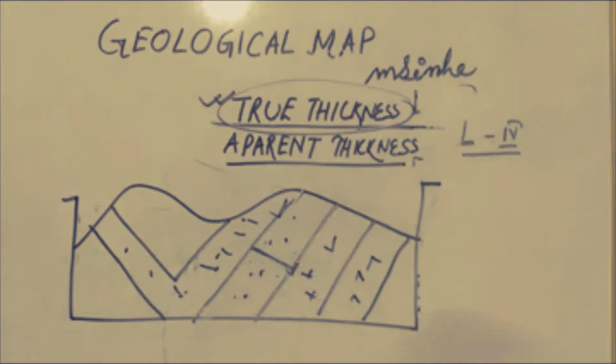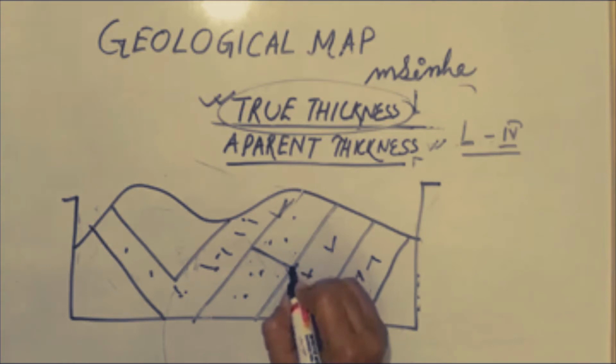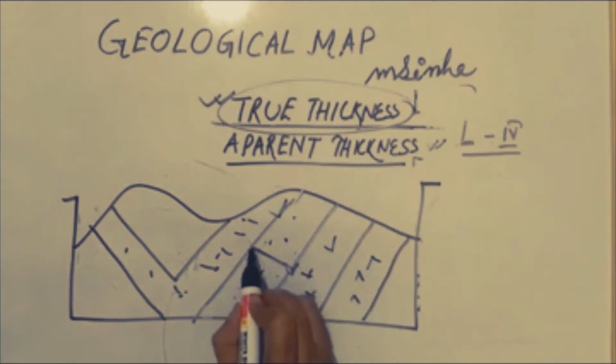Then the second one is the apparent thickness. What is apparent thickness? Draw a vertical line from any point. You can draw a vertical line from that point also.